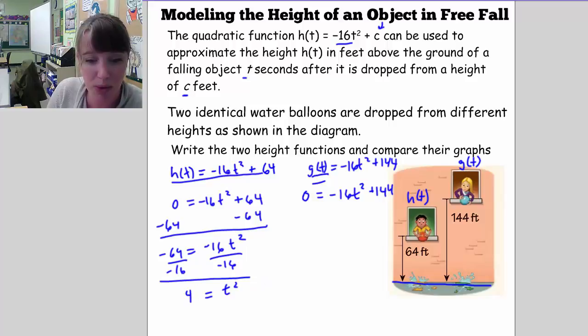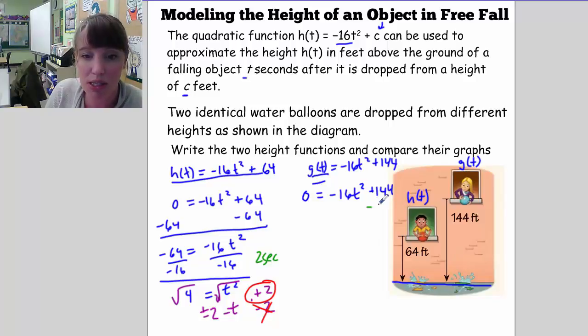If we take the square root of both sides, we get t equal to plus or minus 2, because whenever we take a square root, we get two values. It doesn't make sense to have a -2 because we're talking about time. So we're going to reject one of these and choose the value that makes sense in the context of the word problem. So this one takes 2 seconds to drop.